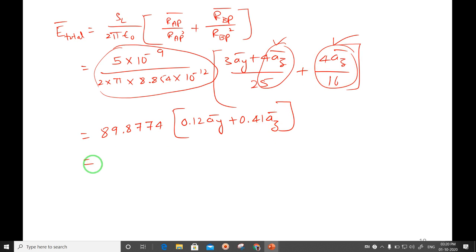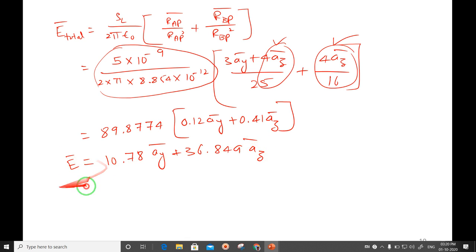Next we will multiply. 89.8774 into 0.12. So I am getting 10.78 a_y. 89.8774 into 0.41. So I am getting 36.849 a_z.